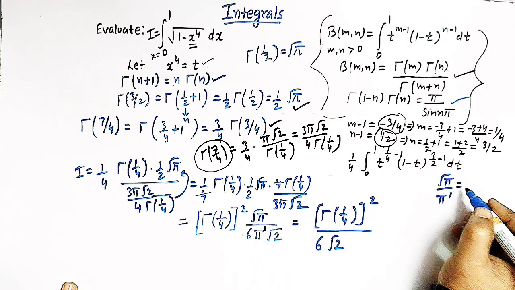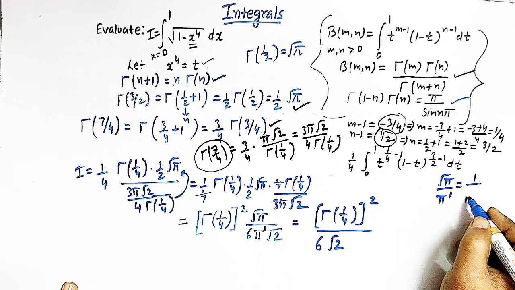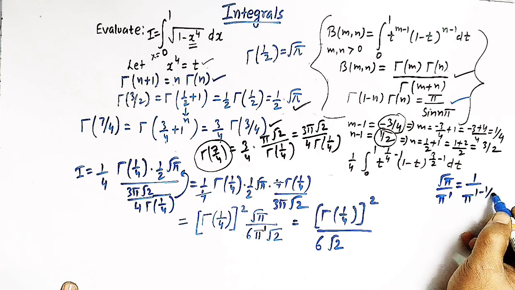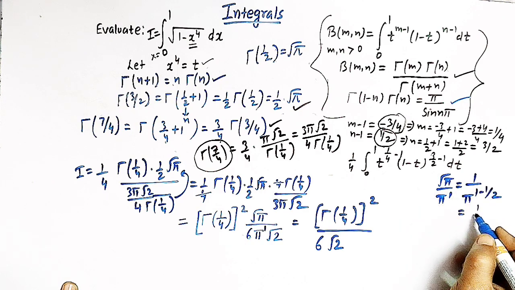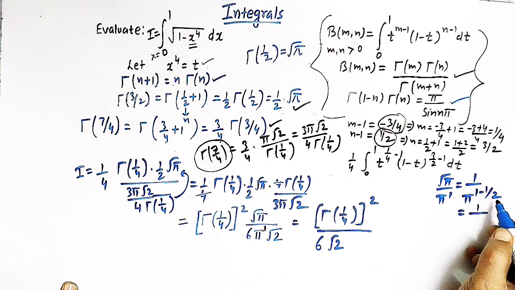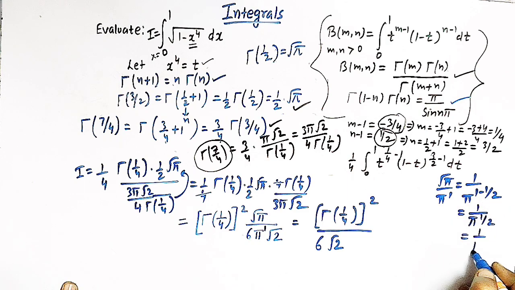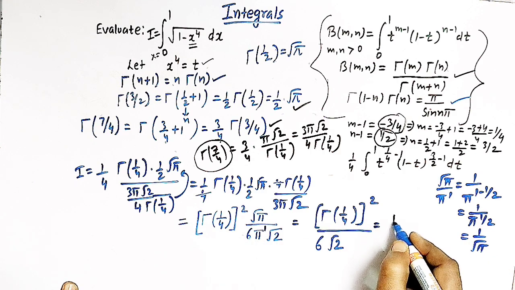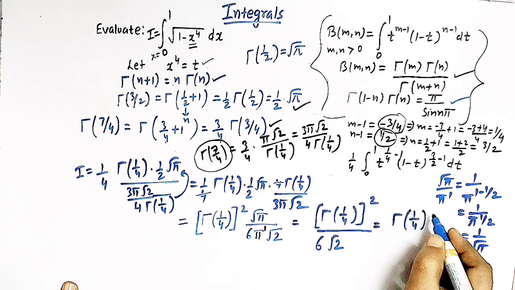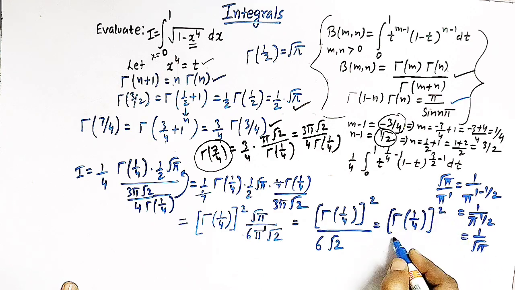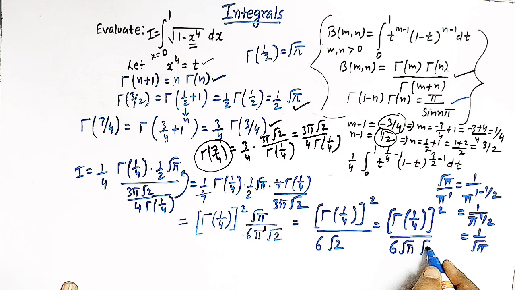And using the laws of exponents, we can now write 1 over pi raised to 1 minus half, right? And this is 1 minus half, that is simply pi raised to half, that is 1 over root pi. So we can now substitute the value of root pi over pi as 1 over root pi. So we can now write gamma 1 over 4 square, and then we have here 6 root pi times root 2.